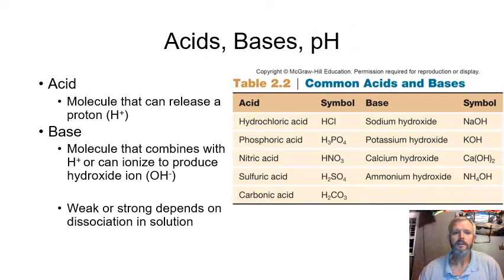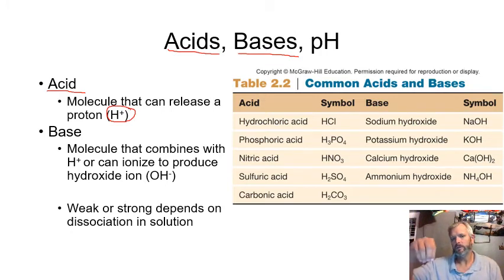Let's look at what is an acid and what is a base. An acid is a molecule that can release protons. So if I took an acid and put it in water, there would be a lot more hydrogen ions in that solution compared to that 10 to the negative 7, that small amount of hydrogen ions that ionized from water alone.